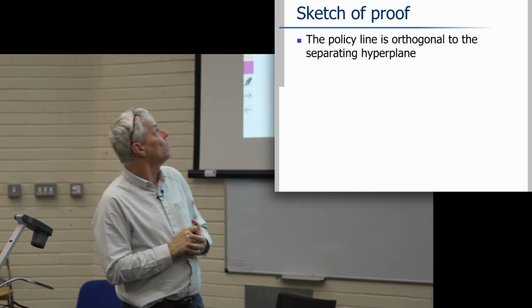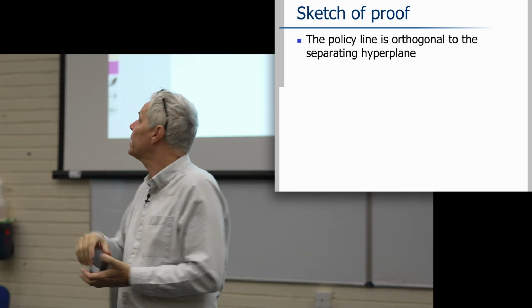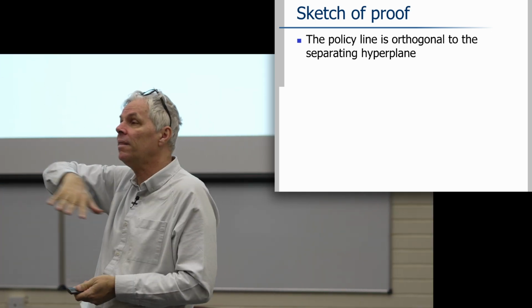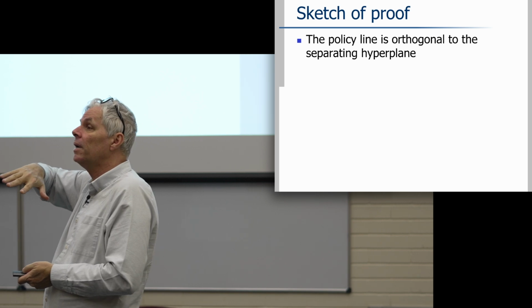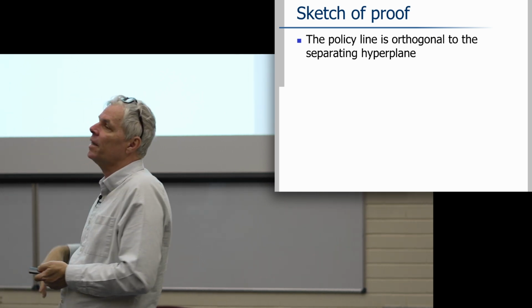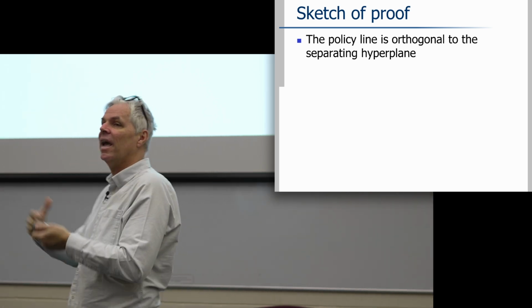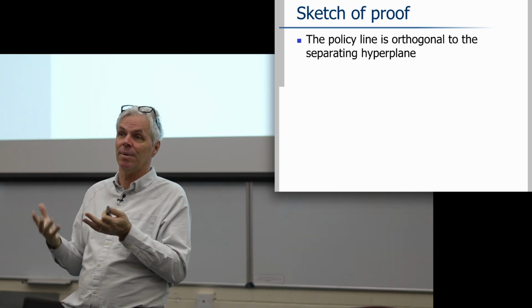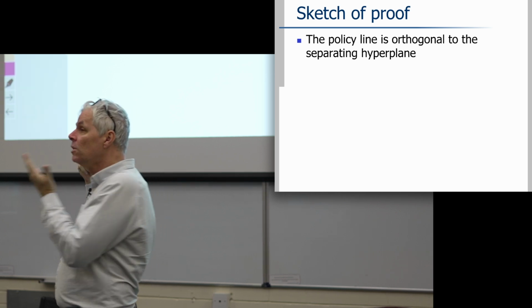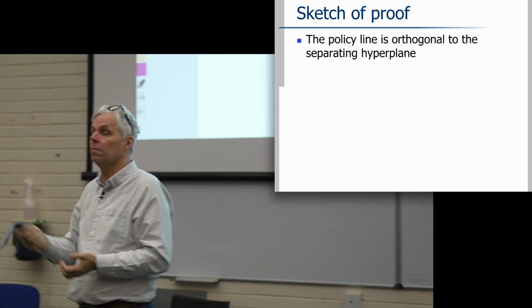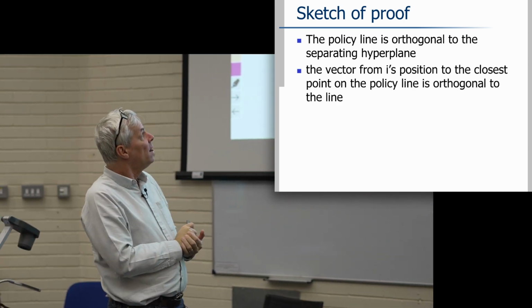Okay. So the first thing to notice is that we have this separating hyperplane where the people are indifferent, right? And then this policy line is perpendicular to that, orthogonal technically, because in n dimensions perpendicular is a bit hard to define, but orthogonal to that policy line.